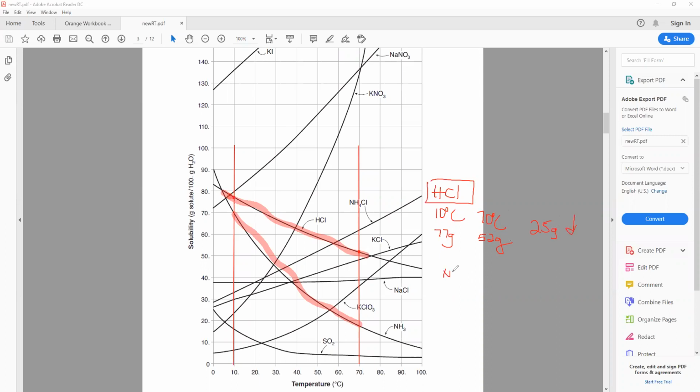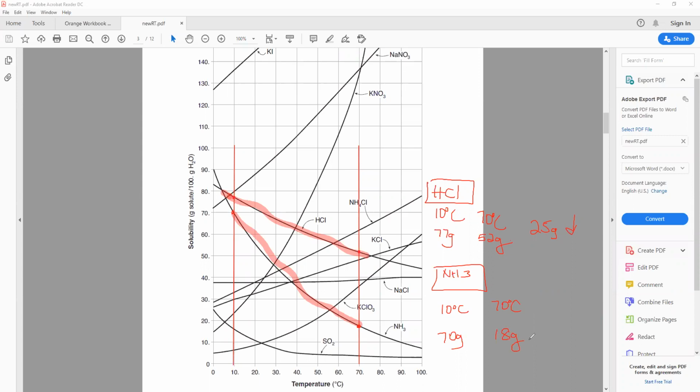Let's go now for NH3, at 10 degrees Celsius and at 70 degrees Celsius. At 10 degrees Celsius, we're going to see NH3 has 70 grams. And at 70, it has around 18 grams.